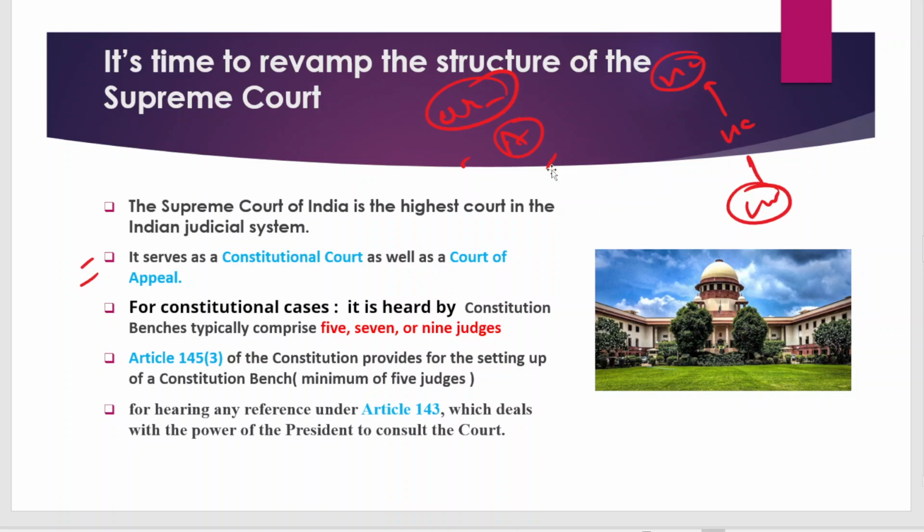When we talk about hearings, the Supreme Court can hear constitutional cases as well as civil or criminal cases. What we are seeing is that constitutional cases are very few in number, but because of the excess of civil and criminal cases, the hearing of constitutional cases becomes very slow.